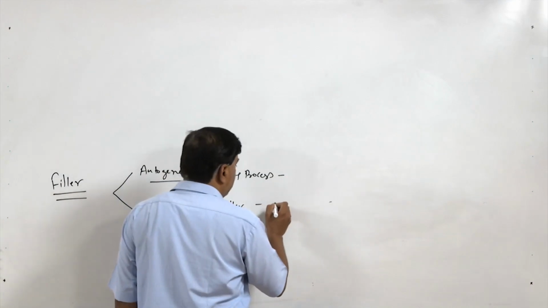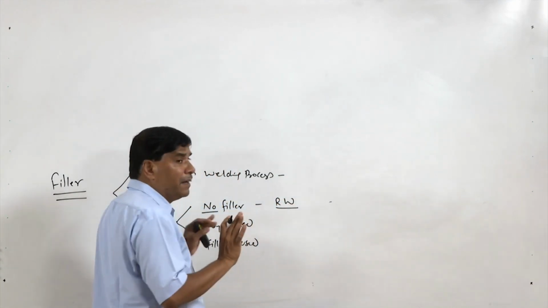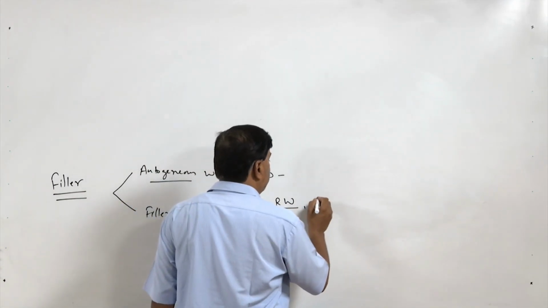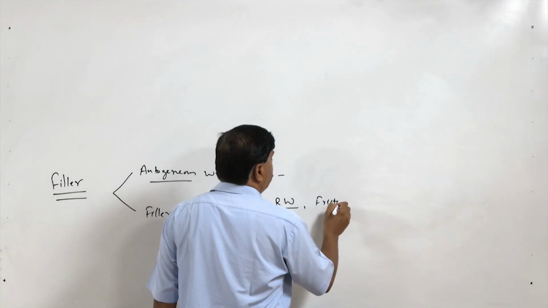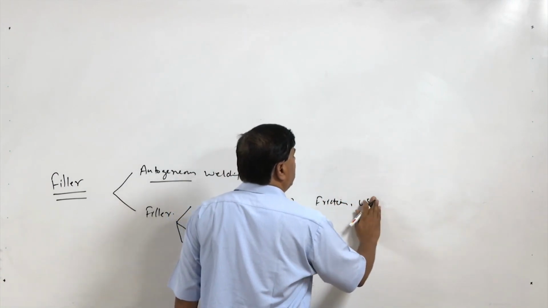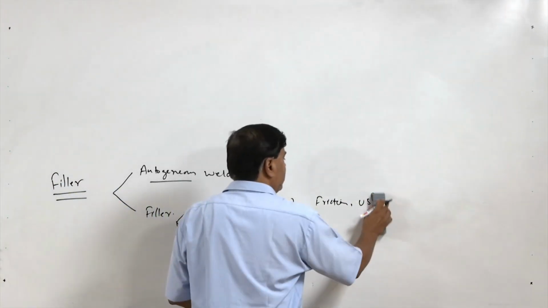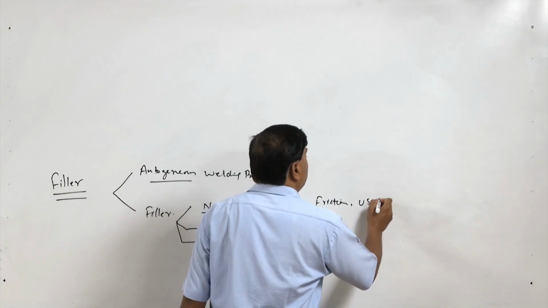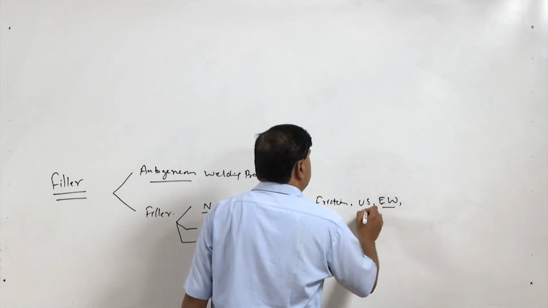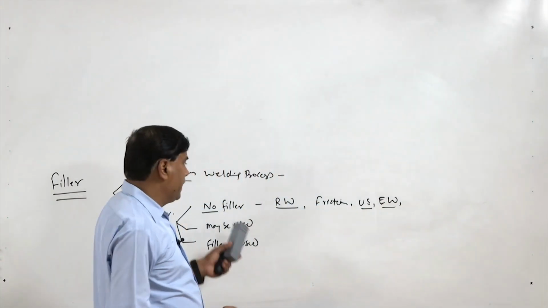If you talk of the resistance welding processes, no filler is used, and similarly in friction welding, ultrasonic welding, and explosion welding, the filler metal is not used.